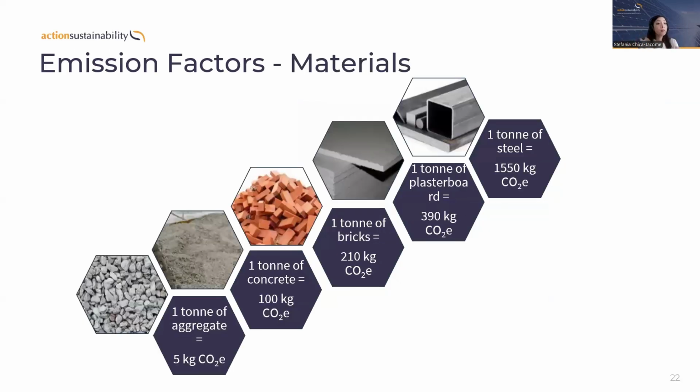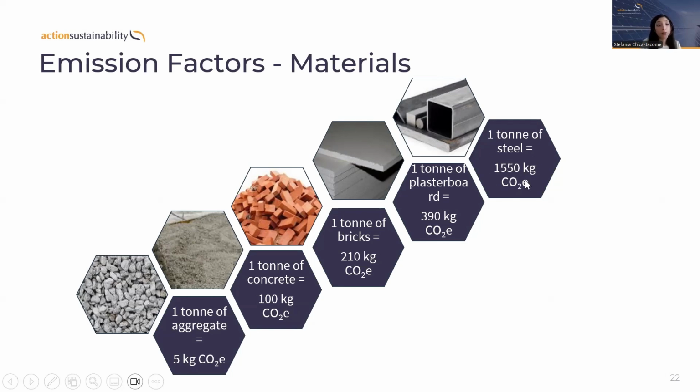And we can do a similar comparison of the carbon impact of different construction materials, for example. Here at the lower end, we've got aggregates, which have a relatively low carbon impact, so 5 kilograms of carbon per ton of aggregate. However, at the other end, we've got steel.